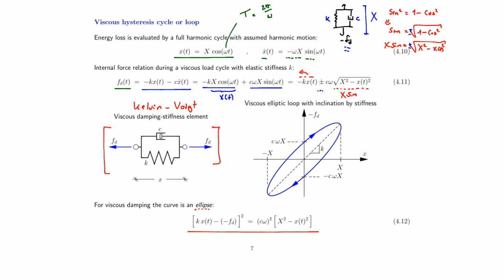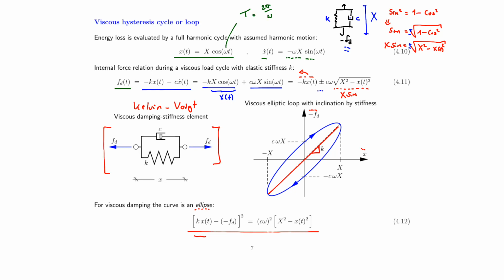So if we plot the damping force along the vertical axis and the displacement along the horizontal axis, we'll have that the first term will actually provide an inclination of our ellipse, with the inclination given by the stiffness. So if you only have a pure viscous damper model, you will not have an inclined ellipse, but you will actually have an ellipse that is horizontal.